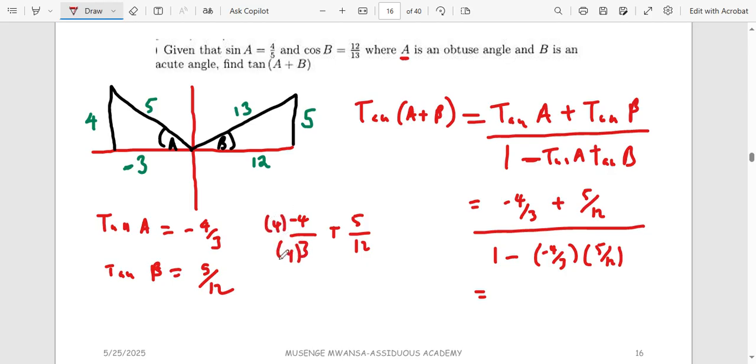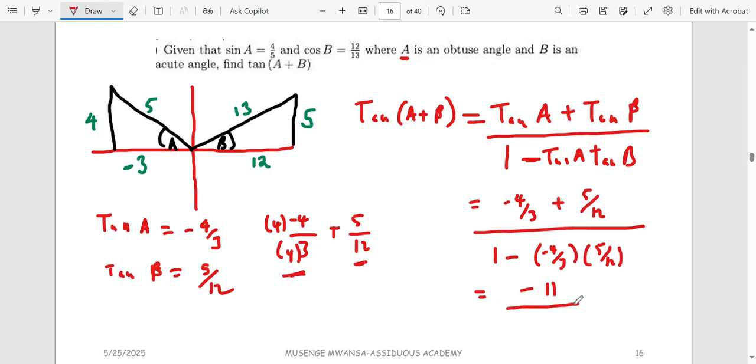Why? 4 over 4 is 1. If I multiply anything by 1, the answer is itself, so I have not changed the fraction. I'm just trying to make the denominators the same. Now on top, 4 times negative 4 is negative 16. Since the denominators are the same, just add the numerators. So negative 16 plus 5 will be negative 11, isn't it?